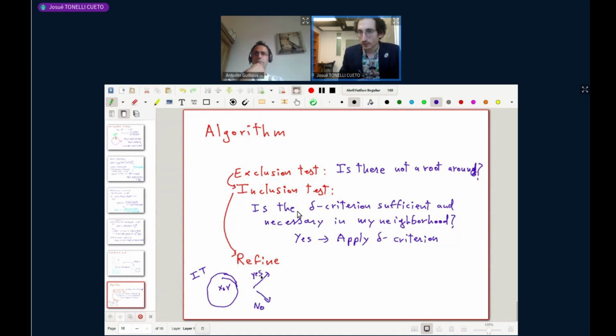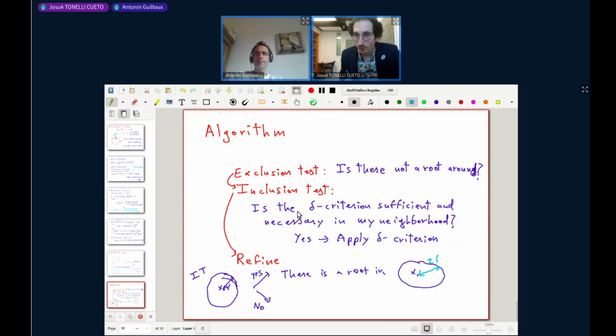If the inclusion test holds, then I know there is a root in, and here this is the difficult thing: you get X, but you get something larger possibly, something of the form 2 beta fx.